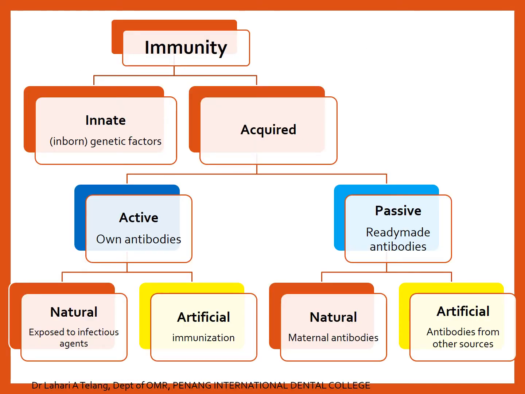So this is how we would look at the hierarchical relationship of immunity. Innate immunity is generally inborn, and the patient has it because of genetic factors. Acquired immunity, on the other hand, is divided into active or passive immunity.